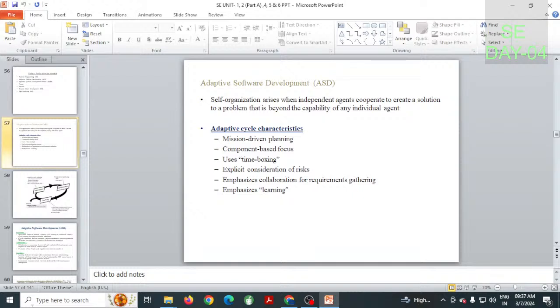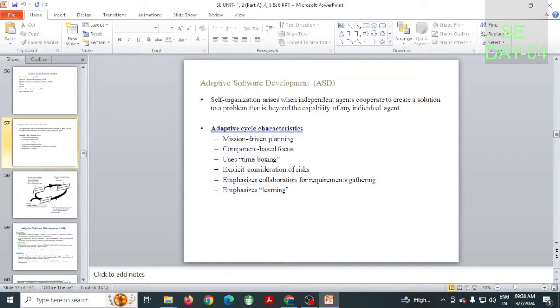Self organization always has the capability, it can arise when independent agents cooperate to create a solution to a problem that is beyond the capability of any individual agent.